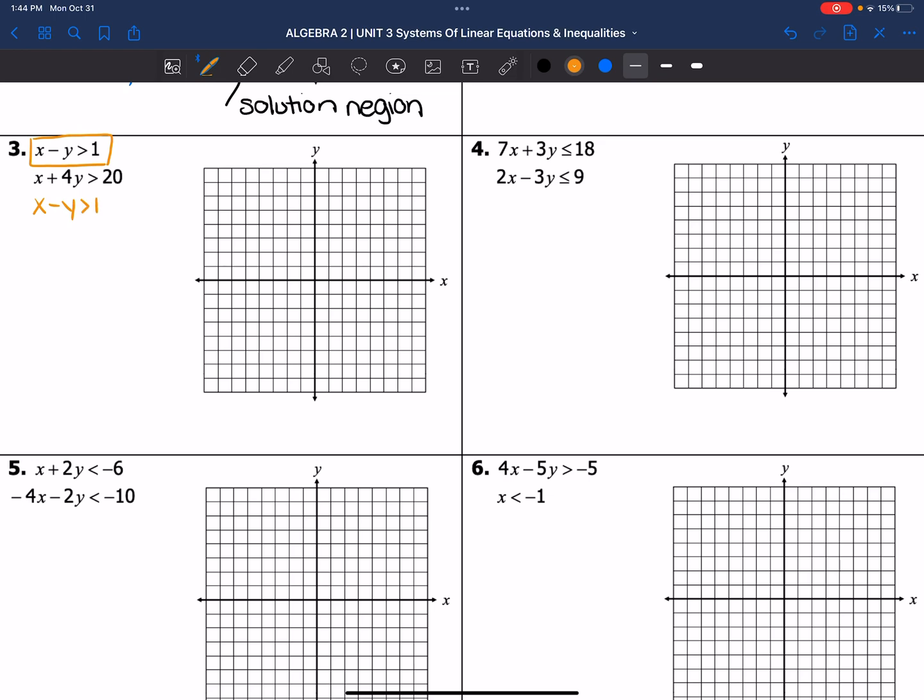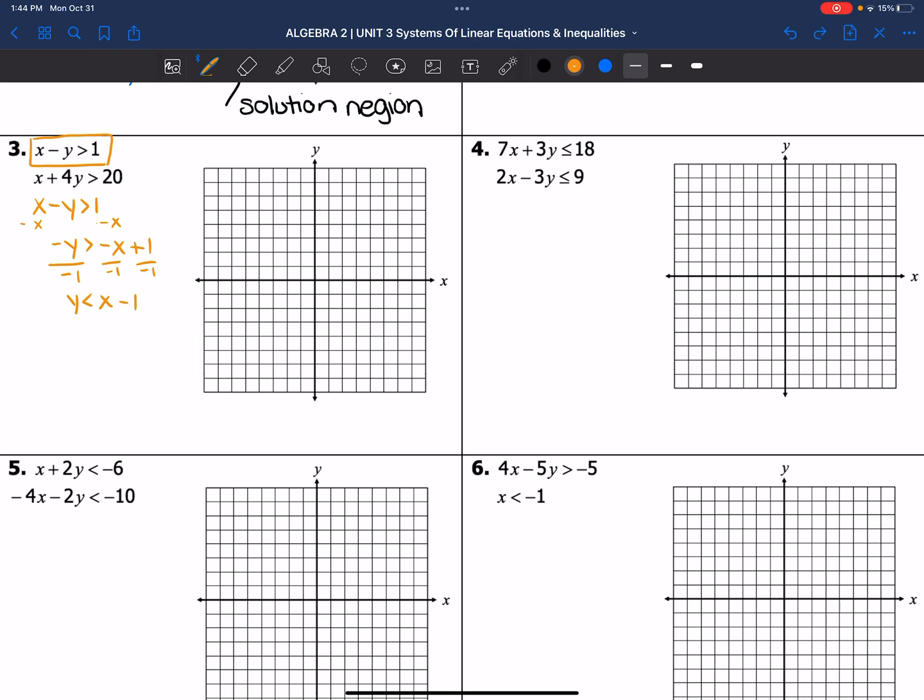I would need to subtract x on both sides, giving us negative y greater than or equal to negative x plus 1. Then to get y by itself, we have to divide everything by a negative 1. In doing so, we will have y less than, don't forget to change that sign, right? Negative divided by a negative is positive x, and then minus 1.